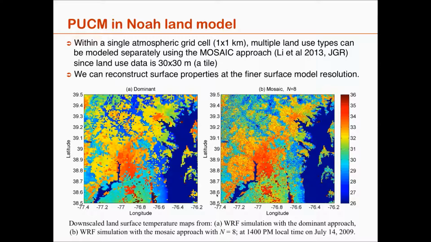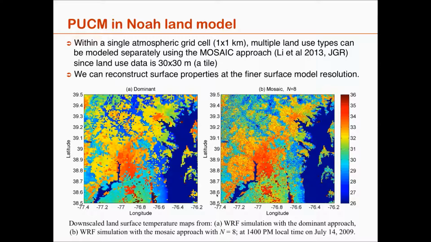But also within a single atmospheric model, typically now you want to couple this UCM to an atmospheric model. The atmospheric model, typically we're running it with grid cells of 1 by 1 kilometers. If you look at the figure on the left, those are the 1 by 1 kilometer pixels.